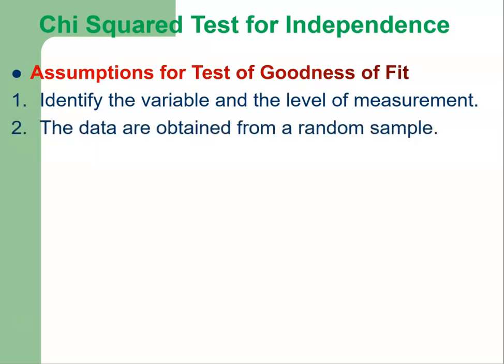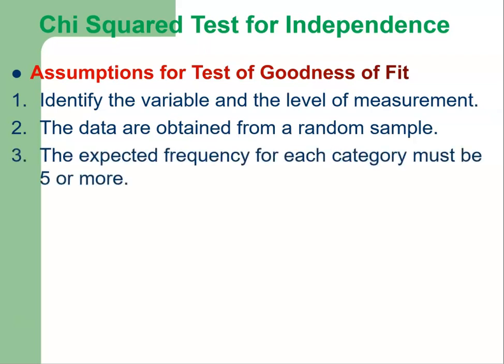The second assumption is that the data are obtained from a random sample. The third assumption is that the expected frequency for each category must be equal to 5 or more.